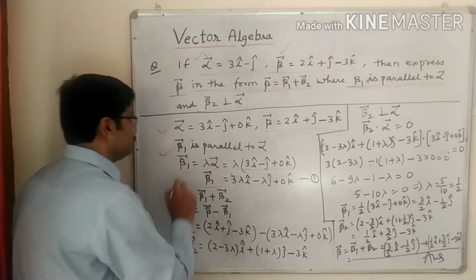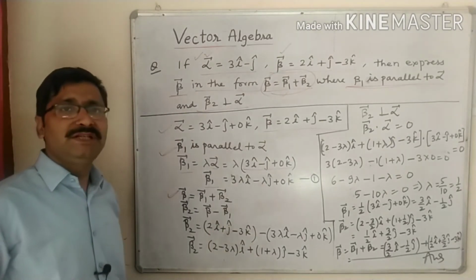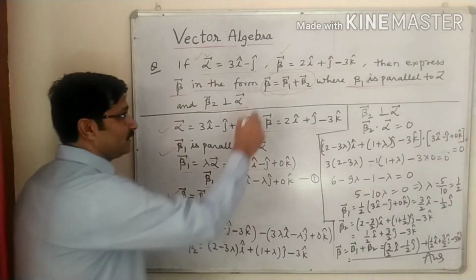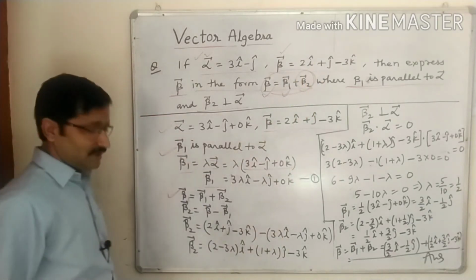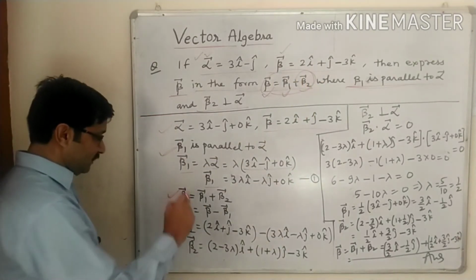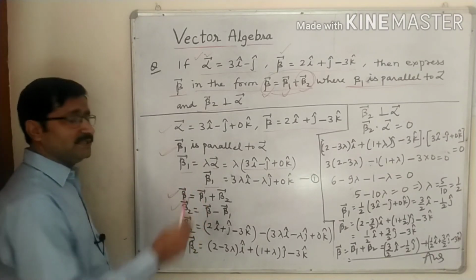Now in the question we are given that beta equals beta 1 plus beta 2. Beta you know already, beta 1 you know, so now you can find beta 2. Beta 2 will be equal to beta minus beta 1.